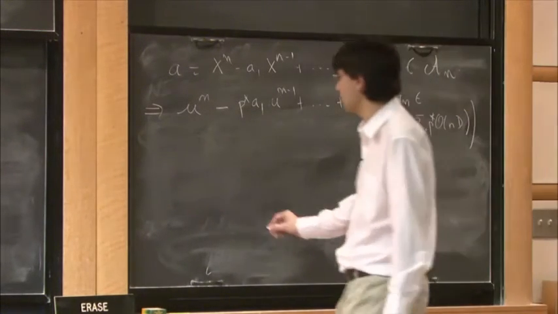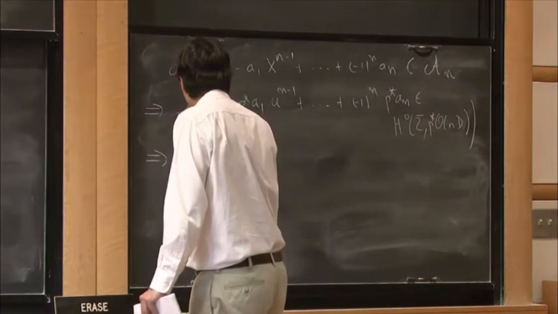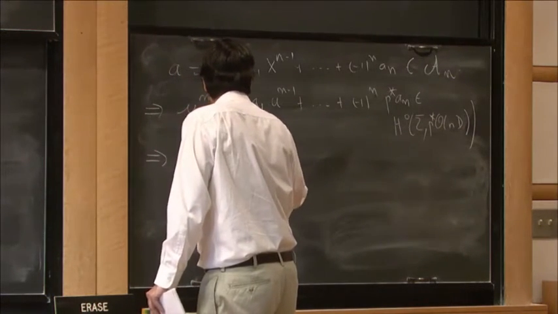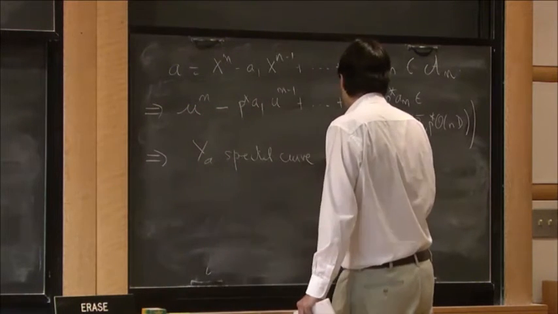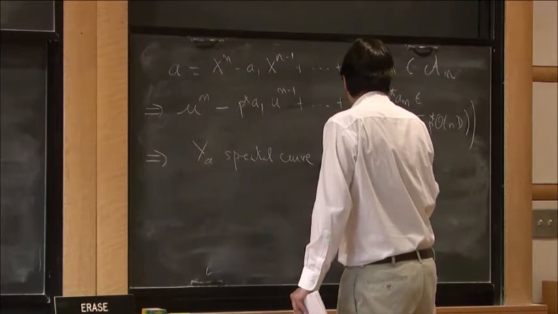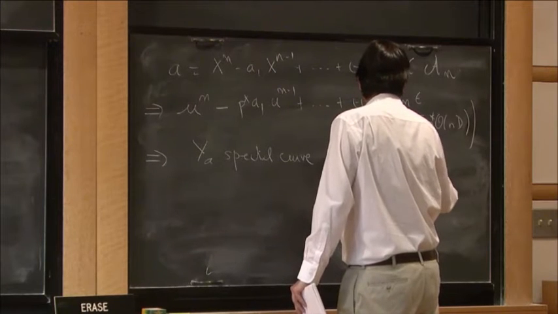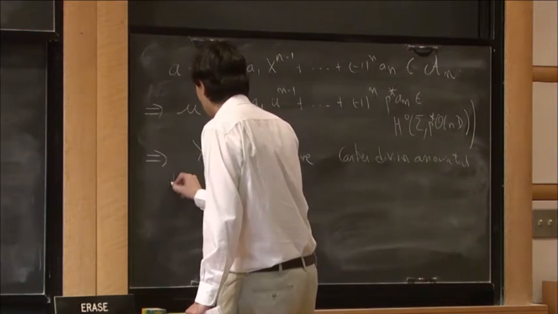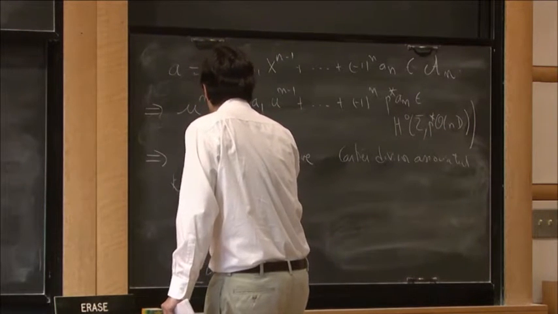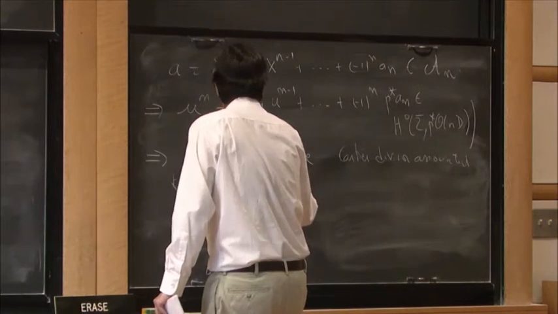And then I define the spectral curve Y_A. This is a Cartier divisor associated to the zeros of the section.